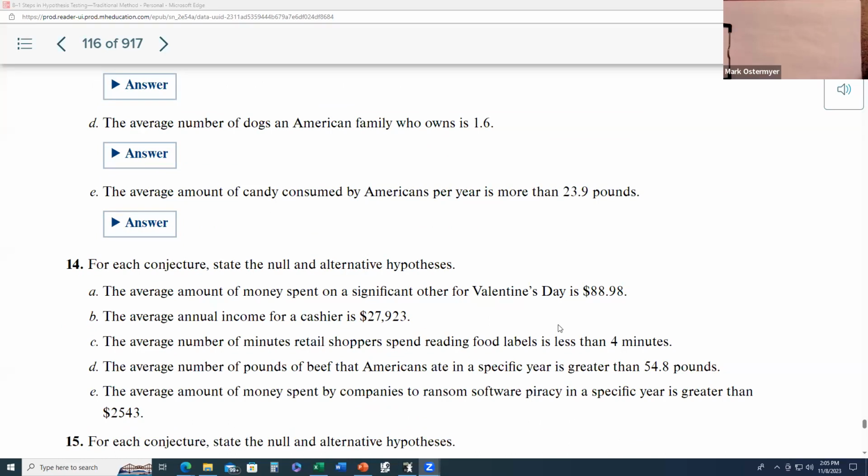All right, so for another classwork, go ahead, ladies and gentlemen, 14, A, B, C, D, and E. See if you can set up the hypotheses for each one of these statements. I think we're starting to understand this. It's really not that difficult. Just remember, your alternative must always be strictly less than, or strictly greater than, or strictly not equal to. All right, 14, A through E. Go ahead and do those.